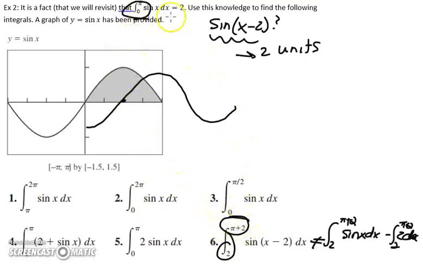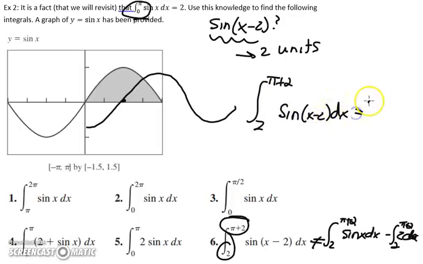Pi plus 2 is 2 units to the right of pi. So when I shifted my graph right 2 units, I also shifted what I'm calling my limits of integration right 2 units. So this graph should end up having the same exact area because everything has been shifted to the right 2 spots. So that'll do it for this video. We will see you in the next one.